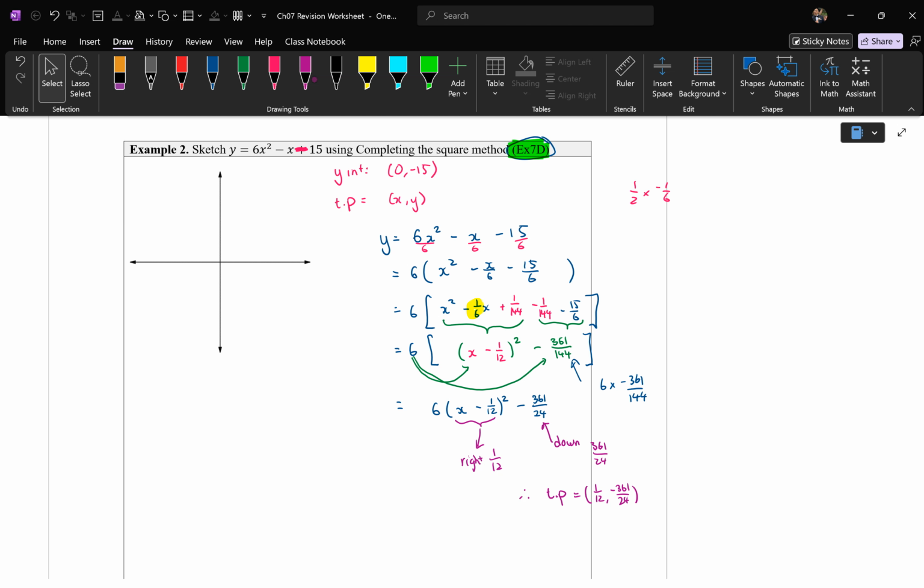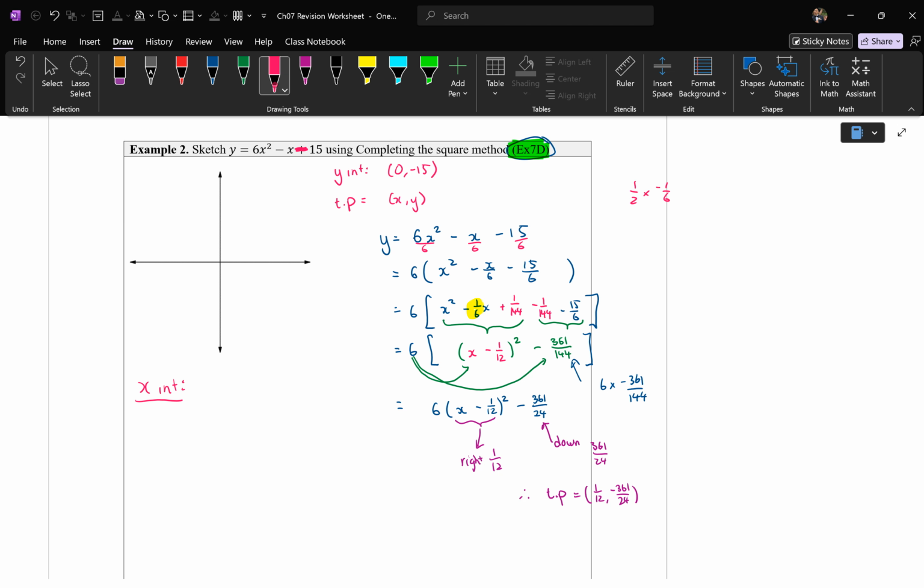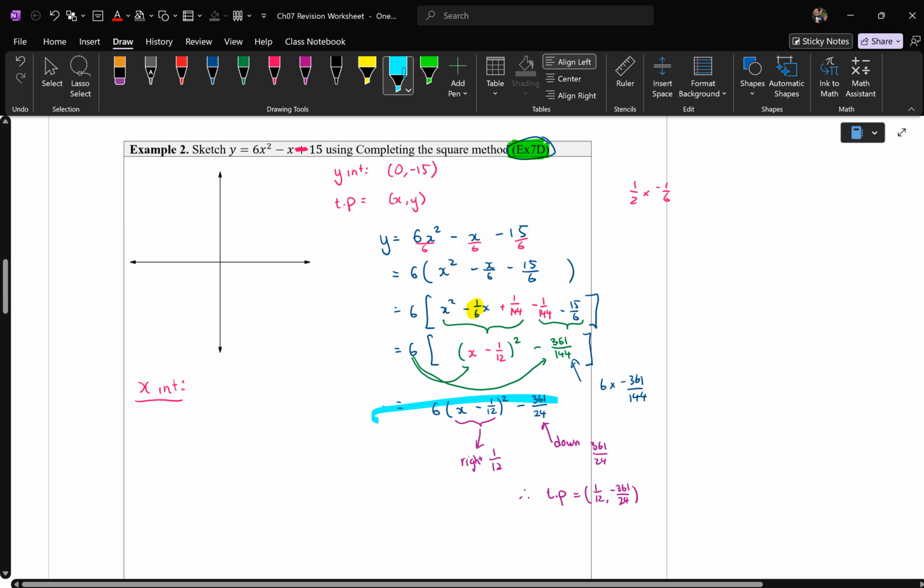Okay, now for the x-intercept, this is the last one. Let's say you couldn't do the cross method and you didn't know how to solve this step right here.